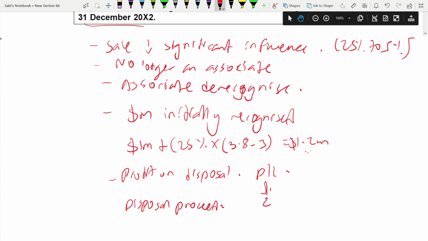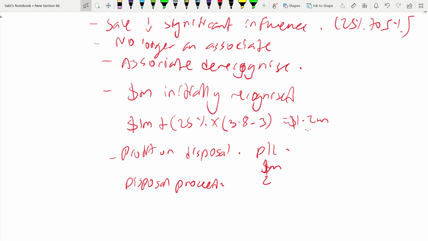Remember, you still have some retained there. So the fair value of the retained investment, or the fair value of shares retained, 0.5. And then the carrying value of the associate, which you are de-recognizing.